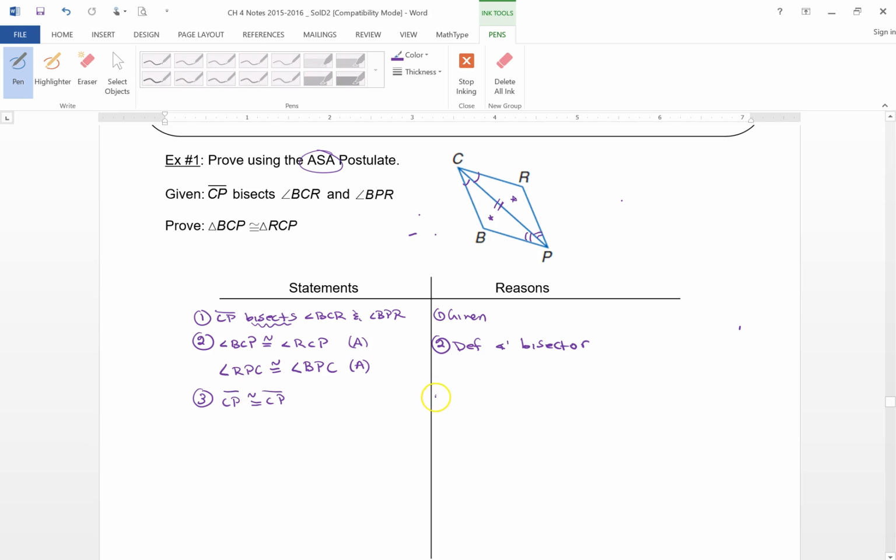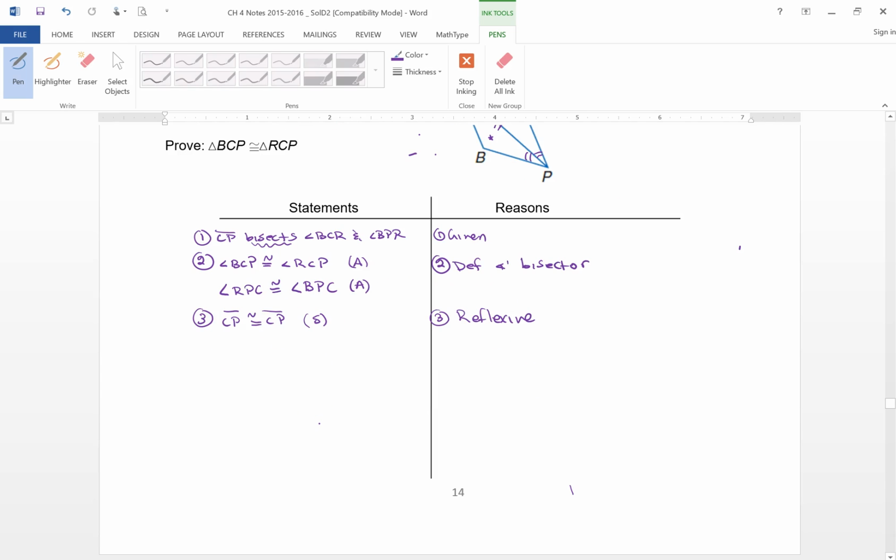What's the reason? Reflexive. And this is my side. So this is now ASA. Therefore, I can now very easily say triangle BCP is congruent to triangle RCP, ASA congruence. I'm sorry, ASA congruence.